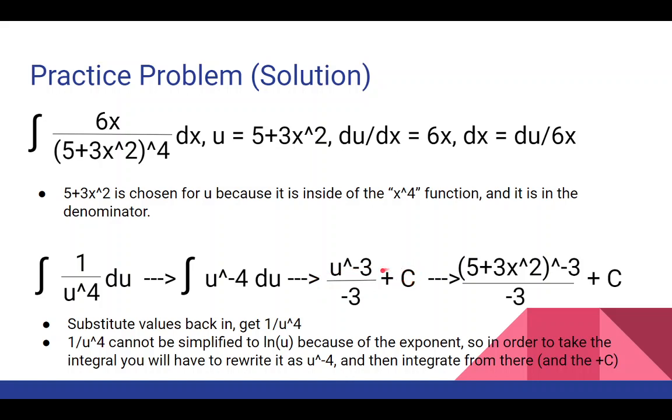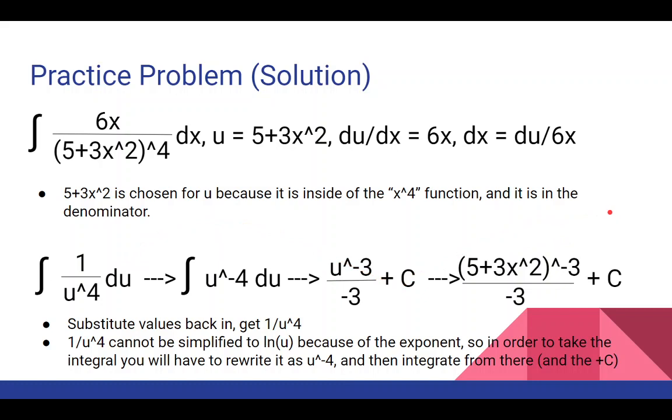And then from there just plug this back into the u value, and this would be the final answer. And you can see here that after we cancel out the 6x's, there are no more x values, just u, and that's the ultimate goal that you want before you integrate.